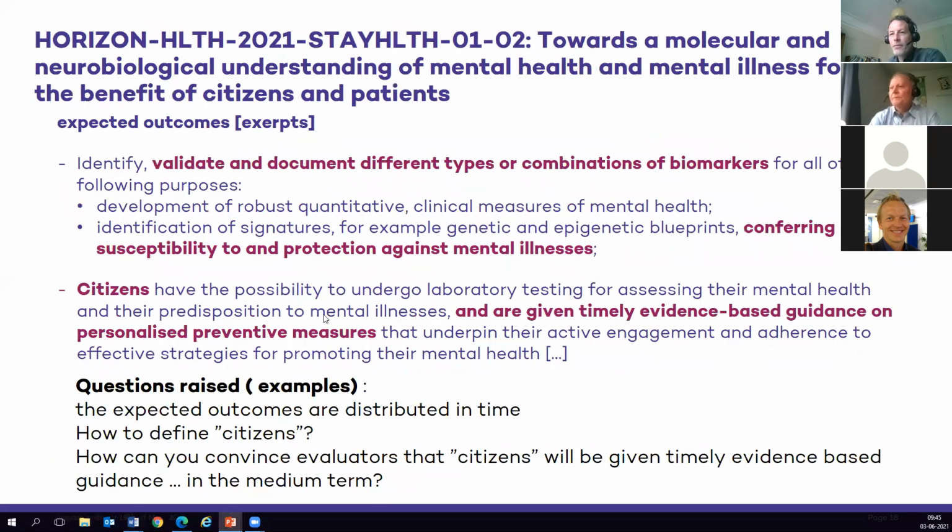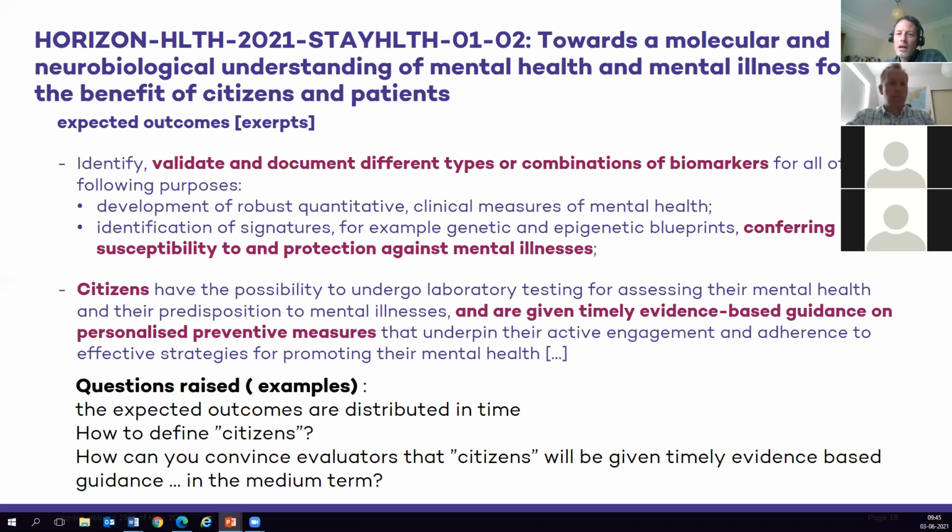Yes, I have an example from the health program. So here is a topic where applicants are invited to validate a biomarker for mental health or illness. So the overall aim is to prevent mental health problems. So that speaks to most of us. I haven't listed all the outcomes, but here the first outcome: identify, validate, and document different types of biomarkers, etc., that confer susceptibility or protect against mental illness.